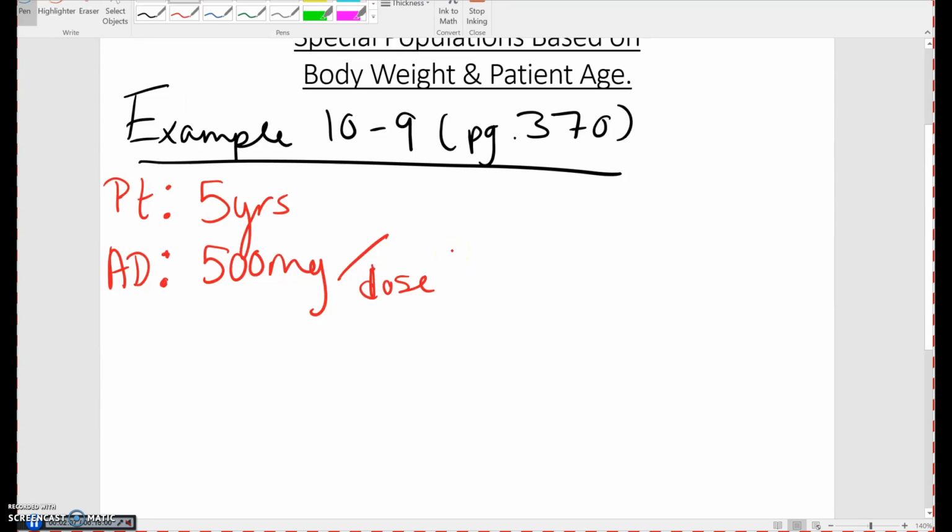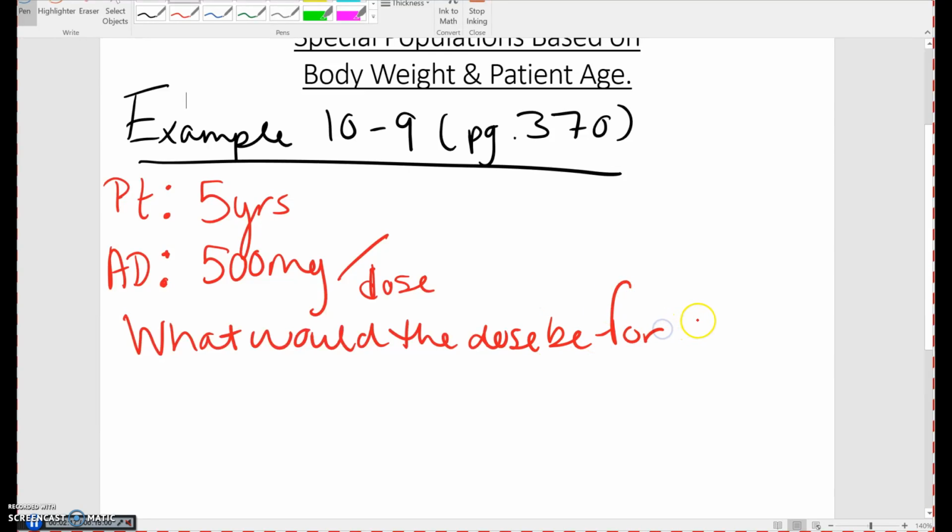All right. And the question is, what would the dose be for the child? So for this 5-year-old child, what will the dose be? Well, the question is, what is it asking you?